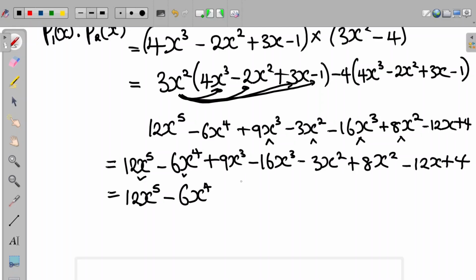Now, 9x cubed minus 16x cubed is equal to minus 7x cubed. Minus 3x squared plus 8x squared is giving us plus 5x squared minus 12x plus 4.